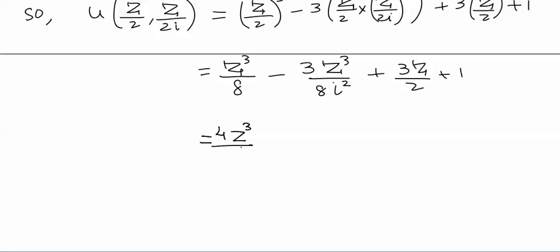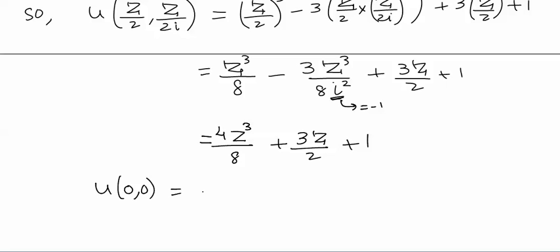So it will become 4z cube by 8 plus 3z by 2 plus 1, as iota square equals minus 1, right? Or you can also say u(0, 0) is directly 1.